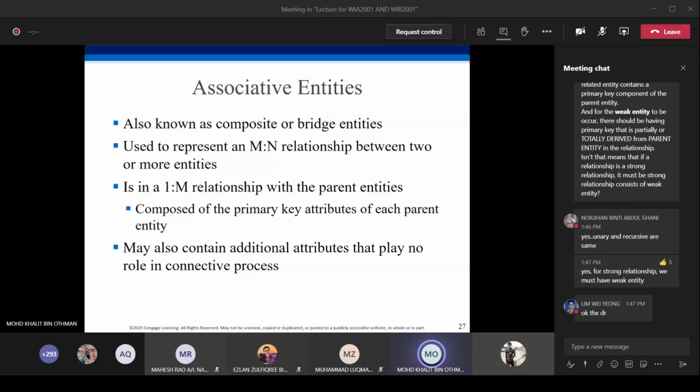An associative entity is also in a one-to-many relationship with the parent entity, and is composed of the primary key attribute of each parent entity to be connected. An associative entity may also contain additional attributes that play no role in the connective process. This is the associative entity.